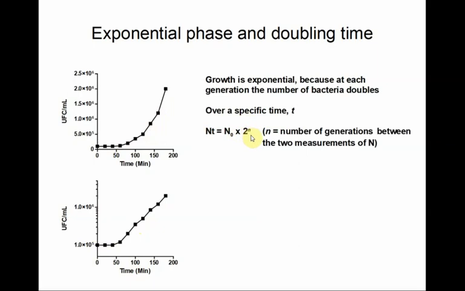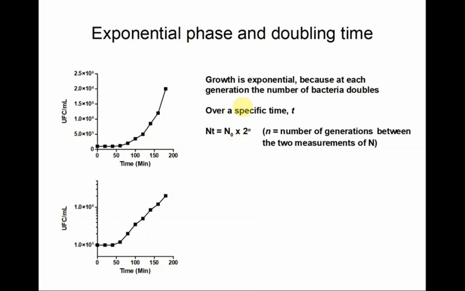So n equals 1 generation means twice as many bacteria. n equals 2 generations, 4 times as many bacteria. And when I say N0, I'm not talking about time 0 here, because this is not in the exponential phase. You've got to choose N0 here, and Nt is one of these points up there.